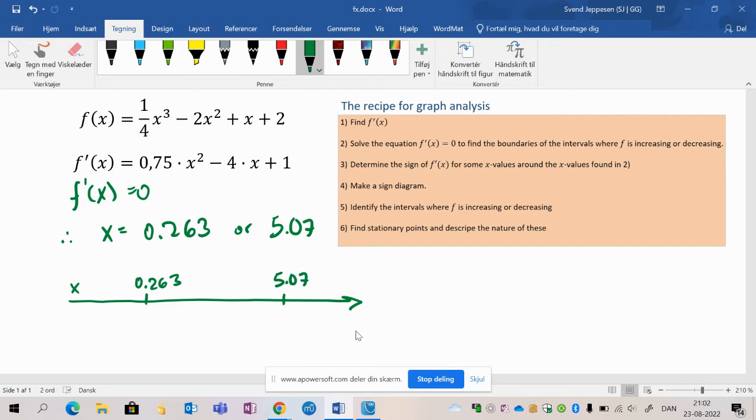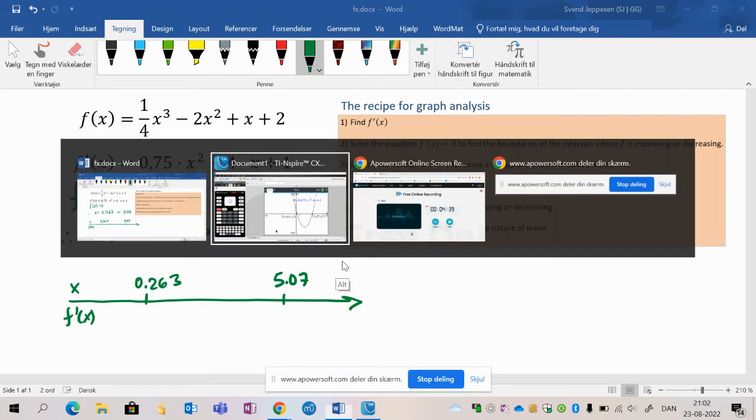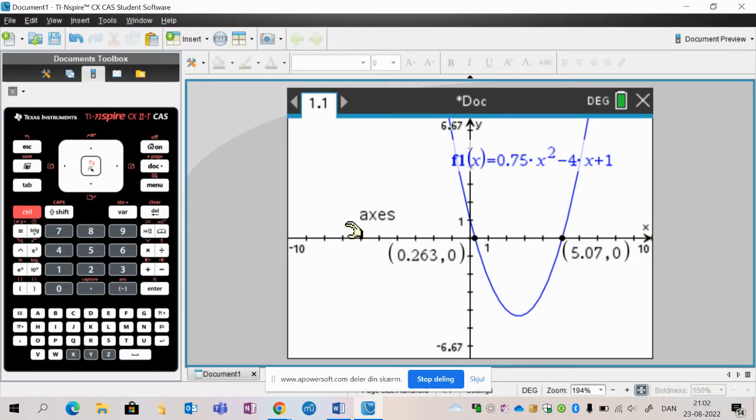That leaves us with 3 intervals to check. We want to check the sign of f dashed in these 3 intervals. We can also do that using the graph here. We can see already by just observing the graph that before the first zero, f dashed is positive because it lies above the axis.